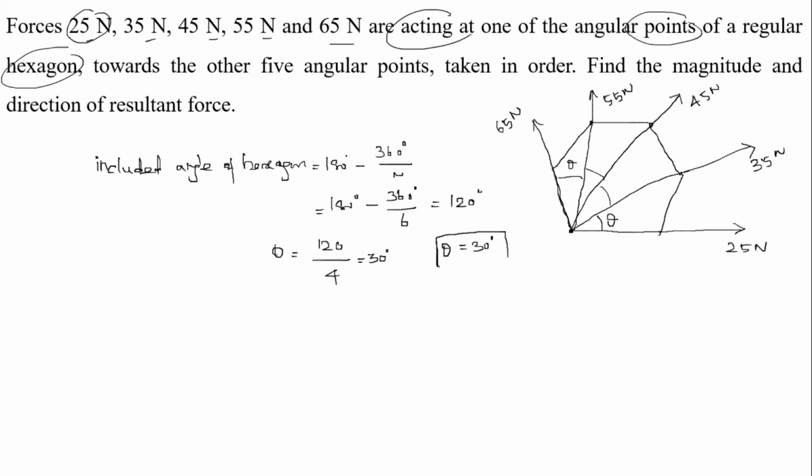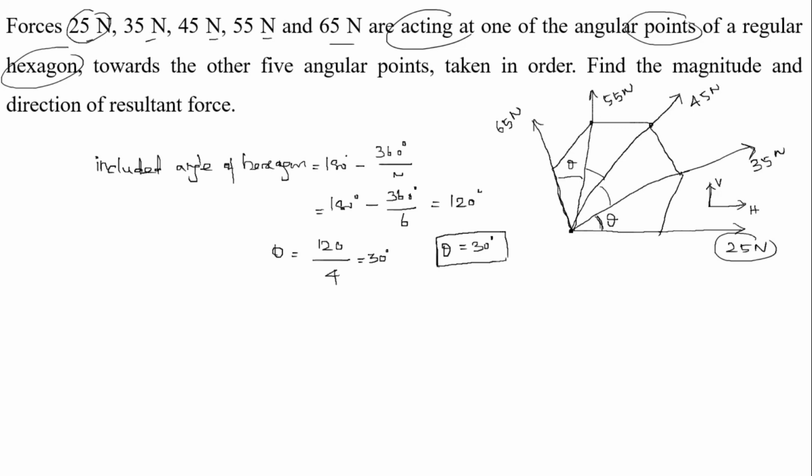Now, the force which is acting with an angle is divided into two components. One is the horizontal component, another one is the vertical component. Whatever the force acting with some inclination, that force is divided into two components. So, each force except this 25, because 25 is acting horizontally. Clear?